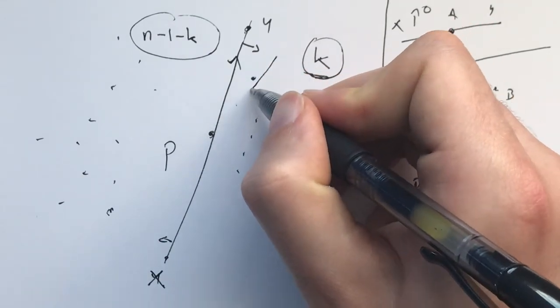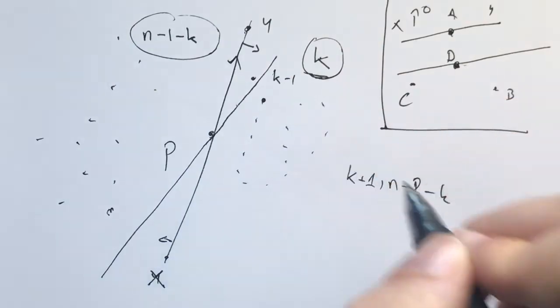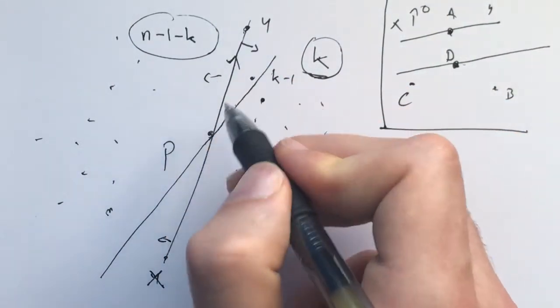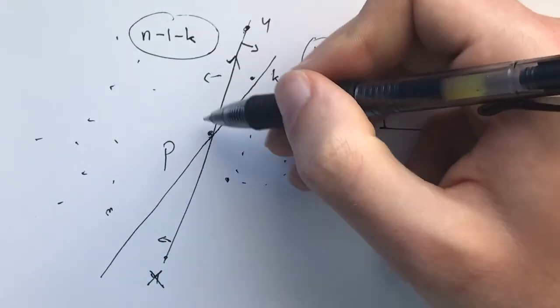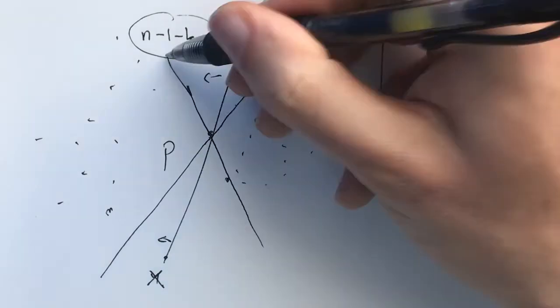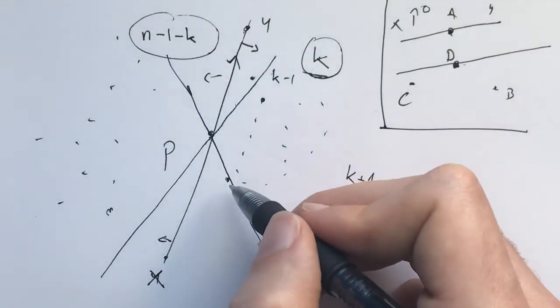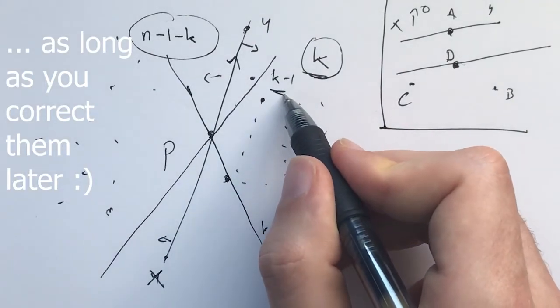So if we draw a line like this, now we will get k minus 1 points on this side. But we can also get, then we need to draw a windmill in the opposite direction. Say we will get to a point here first. So if we draw the windmill here, then we will get k plus 1 points. No, wait a second. If we're getting k minus 1.